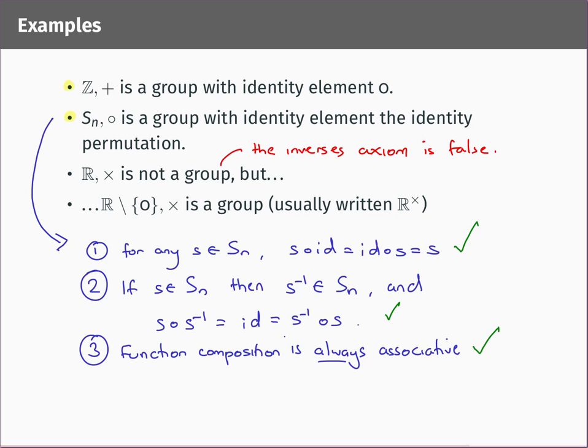So the identity element, if R together with multiplication was a group, would have to be 1, because that's the only number which satisfies that when you multiply it by any number, you don't change that number. But then axiom 2 fails because there's no number you can multiply 0 by to get 1.